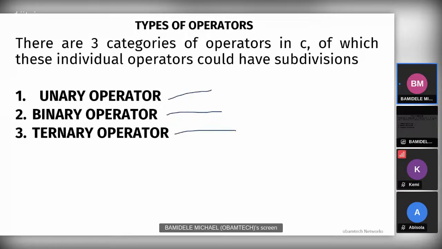While you were using the sizeof operator during the project two days ago, if you read the instruction, they said print out the size of a particular type using the unary operator. So it came from this concept under the three categories of operators in C: unary, binary, and ternary. So now, what do they mean?